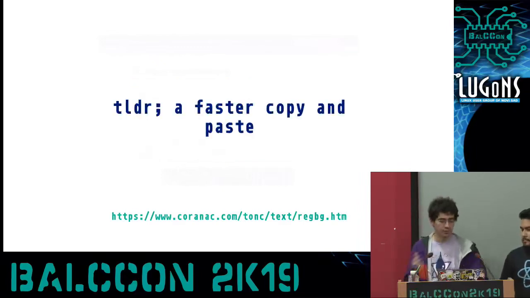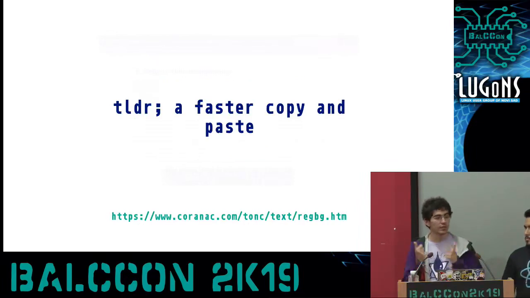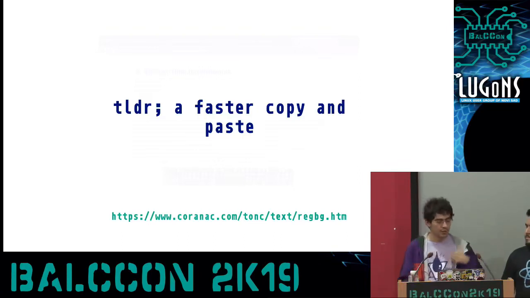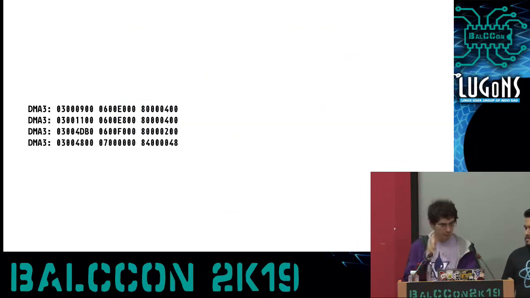In other words, it provides a way to copy and paste faster. It makes sense because the video RAM is too small to store the entire tile map. Then it's necessary to store the entire tile map in another memory region and send a part of it to video RAM. And NoCash GBA has a feature that allows us to track the DMA communication.